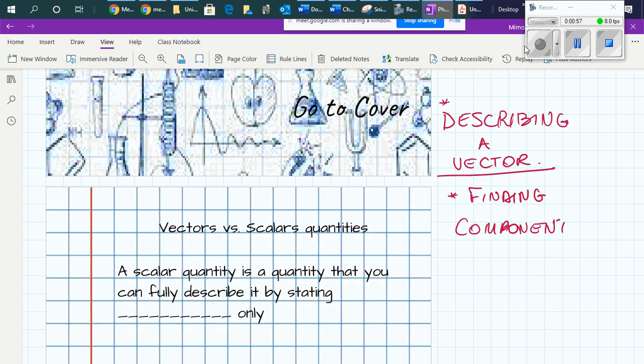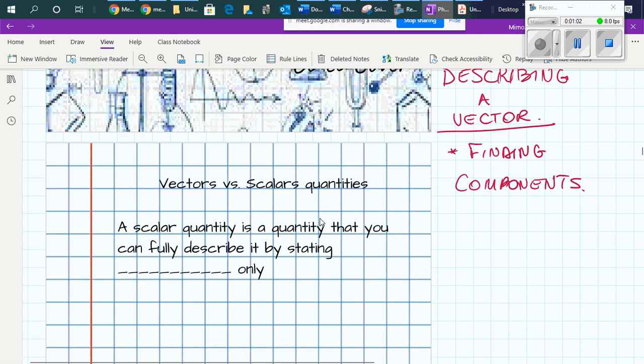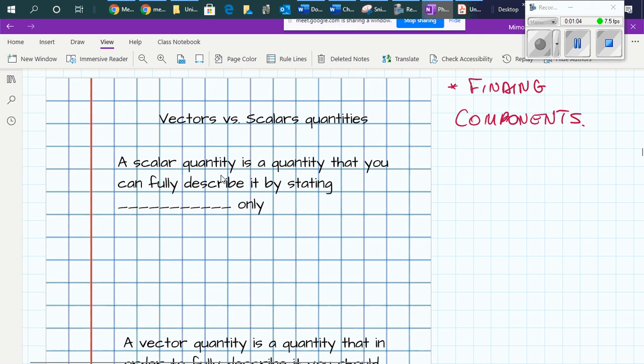So the very first thing that we will discuss today is that we will see what is a vector and what is a scalar quantity. There are two quantities that we discuss and talk about in physics, a vector quantity and a scalar quantity.